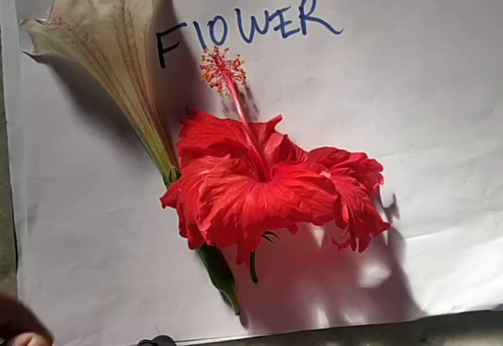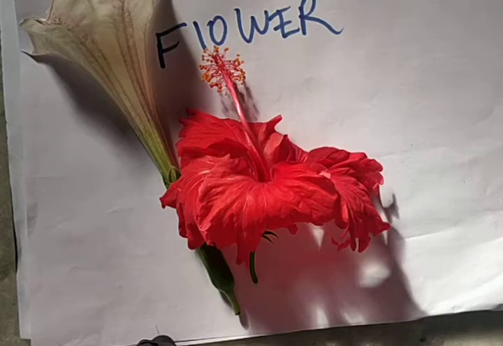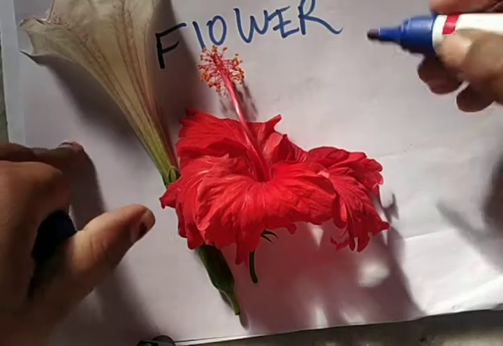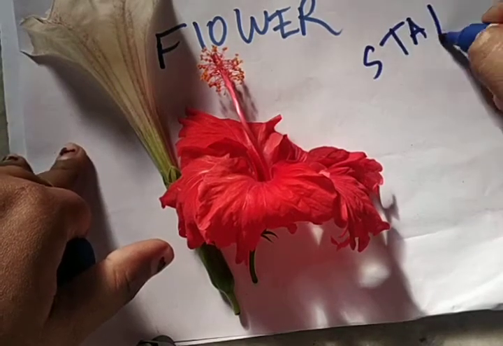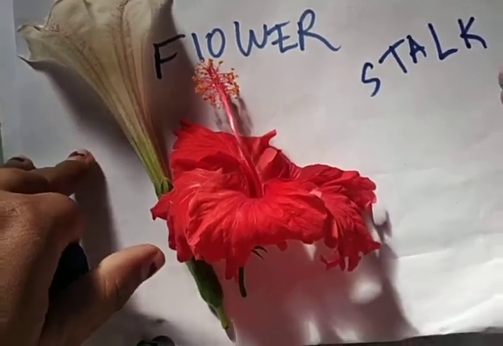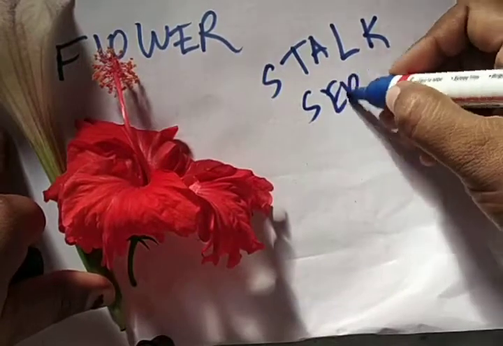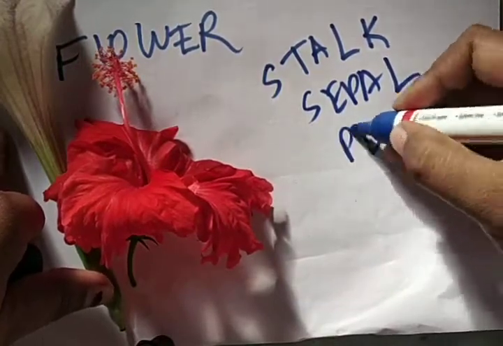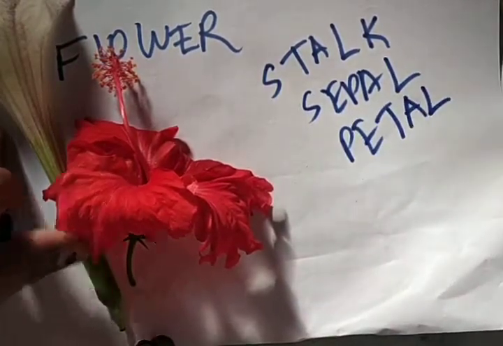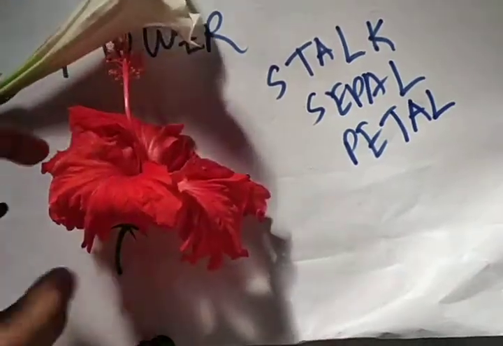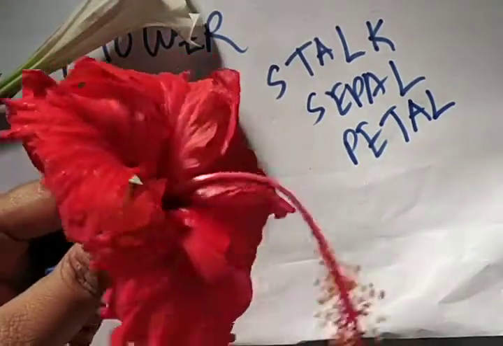Then we will see the other two parts, the male part and female part of the flower. Till now we have seen the stalk, then the sepal, which is green, and the petals, which are colorful: in datura it is white and in China rose it is red.